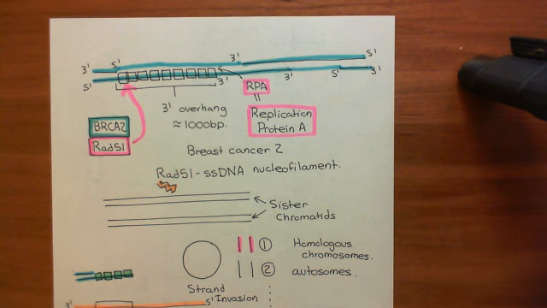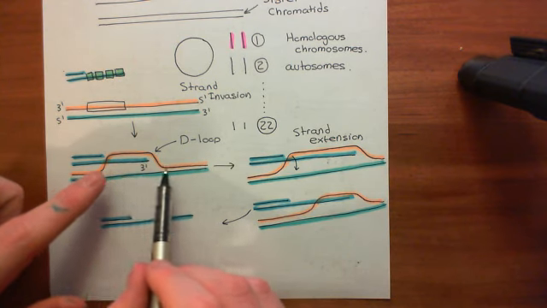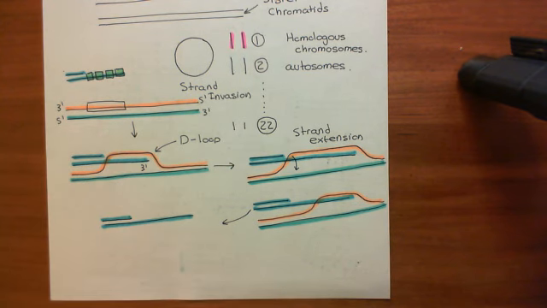And this gets around the loss of the genetic information that we have potentially suffered there, because we use the information on the other strand to reproduce this lost piece of genetic information in the middle. This will of course always work if we've got a sister chromatid, and it will generally work if we use the homologous chromosome as well.